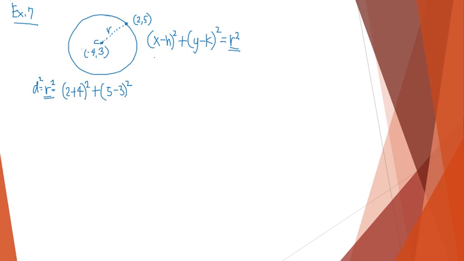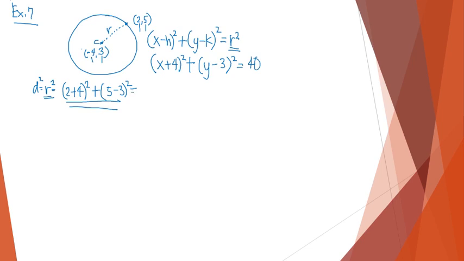So we have (x plus 4) squared plus (y minus 3) squared is equal to this distance formula. I think you already know this: it's the x of one point, and since it's minus negative 4, it becomes positive, then squared, plus the y, then the y of the other point, minus 3. If we simplify that, it is equal to 40.